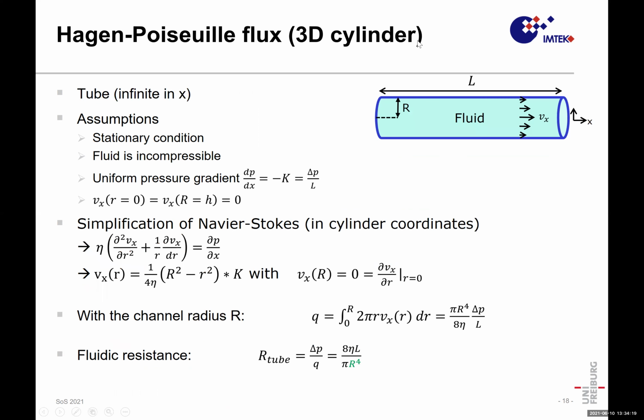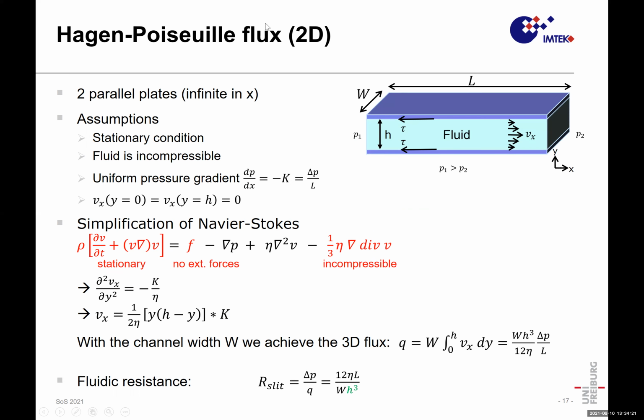We have a stationary condition, sorry. So the stationary condition is if you have a constant gradient along this channel. We have an incompressible fluid, which is in small displacements the case. And of course, the gradient of pressure is linear, which is also in the steady state easy to say.